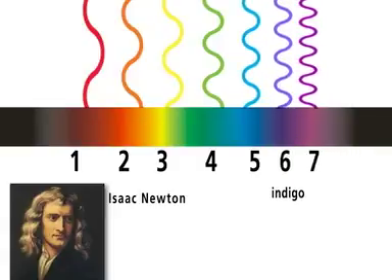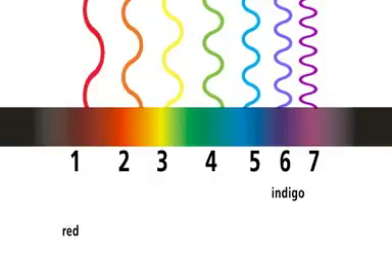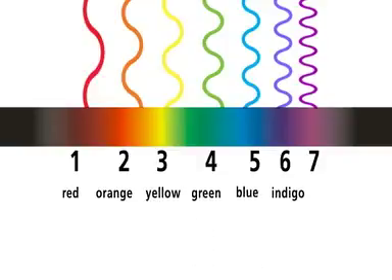But many people do not see a real distinct color between blue and violet, and they often list only 6 colors in the spectrum. So when all these waves are blended together, red, orange, yellow, green, blue, indigo, and violet, we see them as white light.